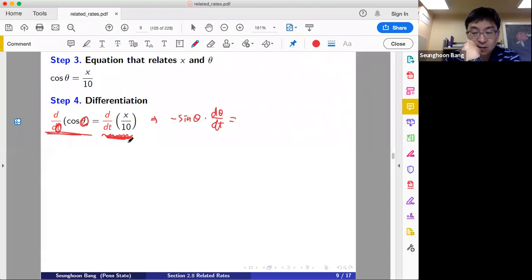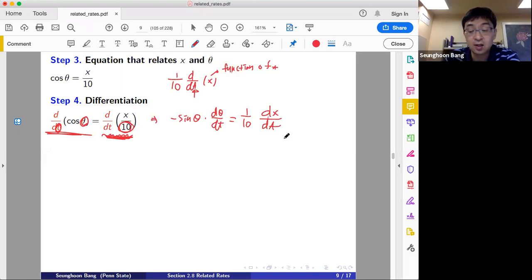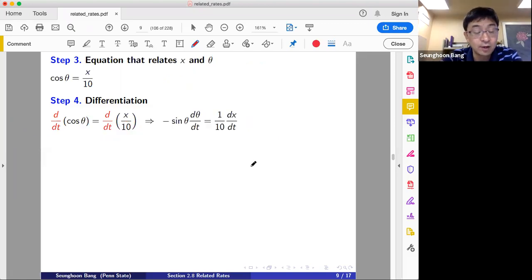The 10 is a constant, so take it out. d over dt of x: what's the variable? T is the variable. What's x? X is a function of t. Be careful: a function is not a variable. So it's exactly 1 over 10 times dx over dt.